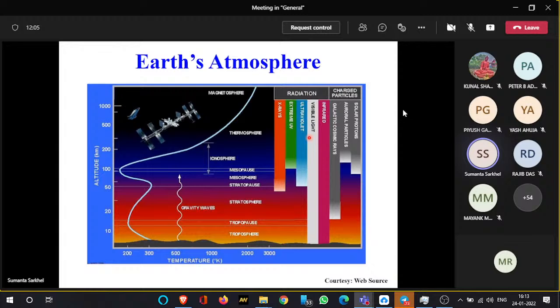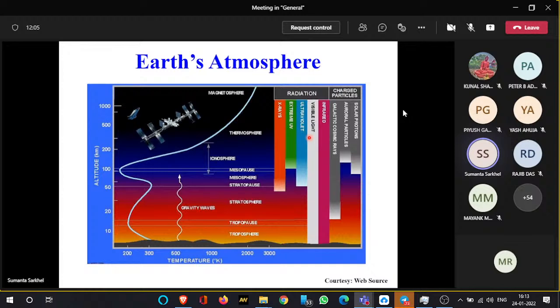Now in the troposphere, if you go up and up, you see the temperature decreases. In the summer, if you go to the hill stations, you'll feel cool, right? The reason is that the solar radiation comes through and hits the ground, and the ground becomes a secondary heat source, because most of the infrared and visible light penetrates the atmosphere and reaches the surface of the Earth.